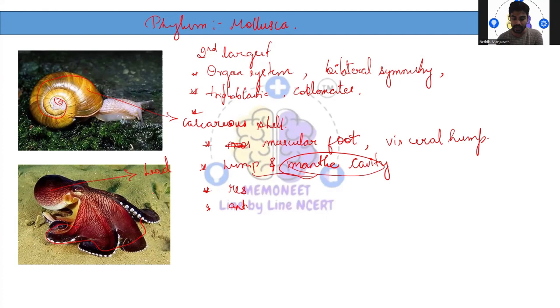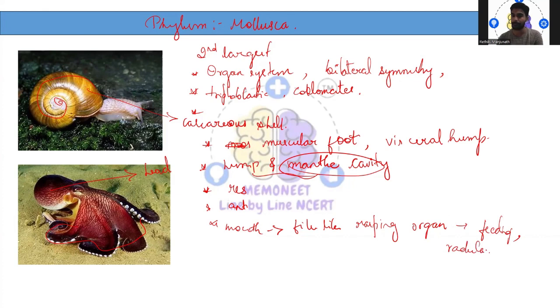And the mouth region will be containing a file-like rasping organ, which helps in feeding. They are called the radula.